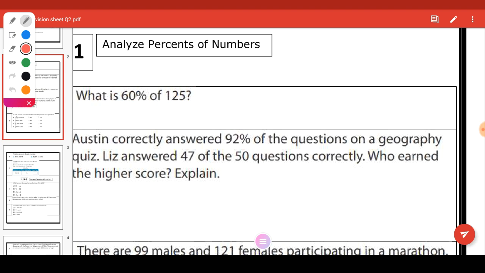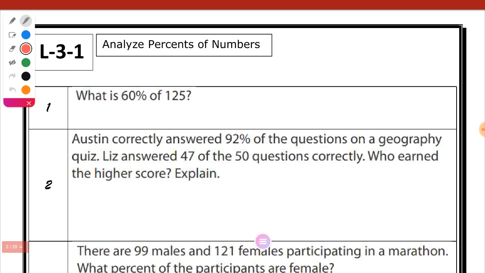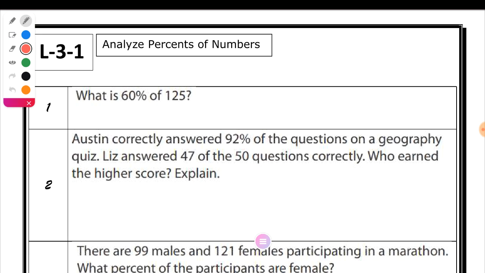But actually, I have another way to solve this question. I have a general formula for percent. To calculate the percent, it consists of part, whole and percent. Part over whole equals percent over 100.